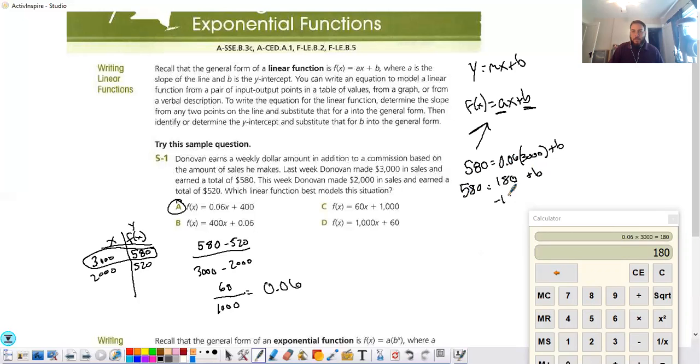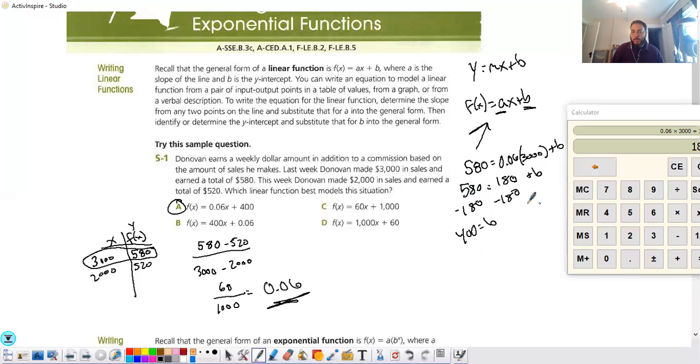Then to get b by itself, subtract 180 from both sides. And we have 400 equals b. So now that we have our a, which is our slope, and our b, that is our y-intercept, we could write our function f of x equals 0.06 times x, then plus 400, which again is choice A.